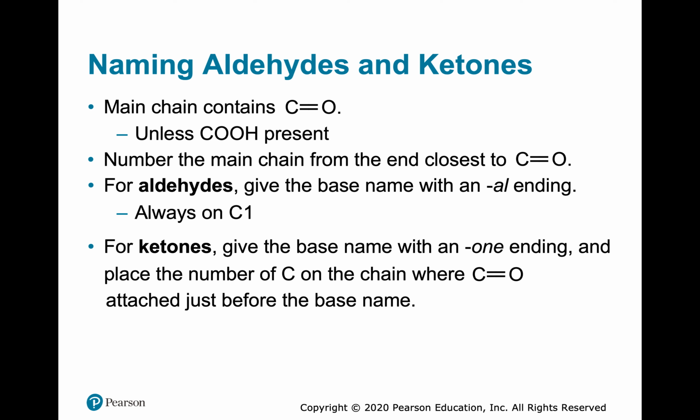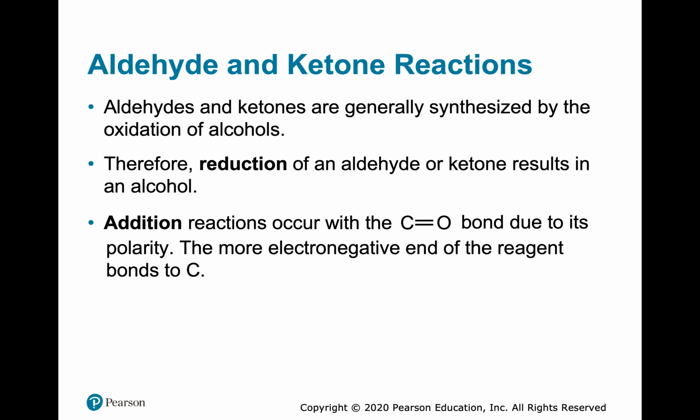That's a different group. So it's C double bond O without the OH on it. And aldehydes, you give the al, and the ketones, you give the one. And the reactions, so you usually get them from alcohols, and you can also reduce them to form an alcohol.